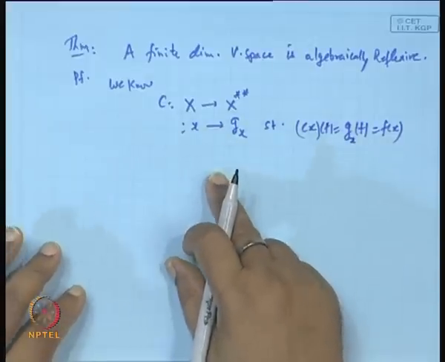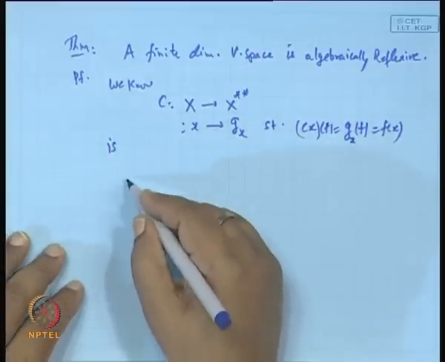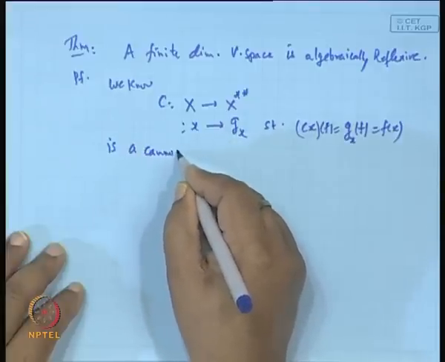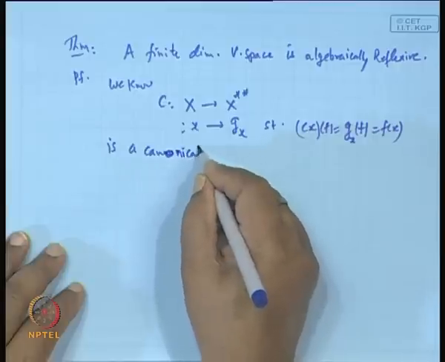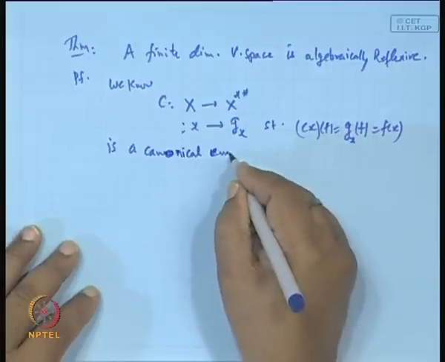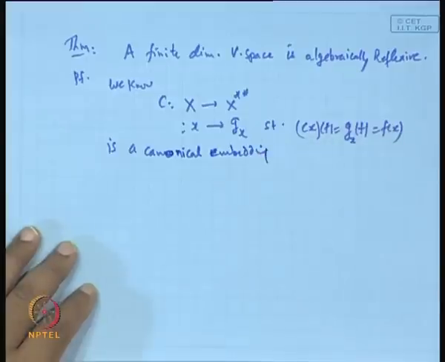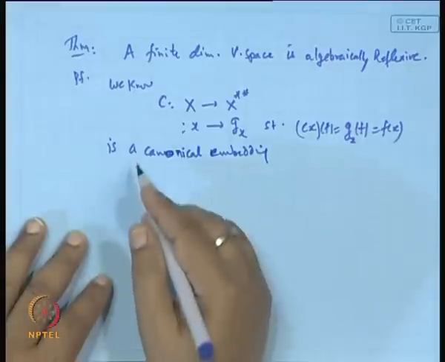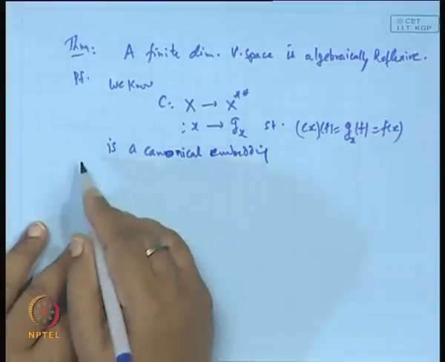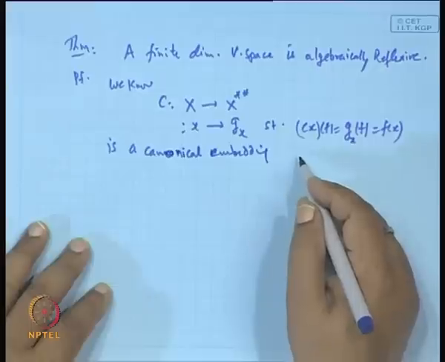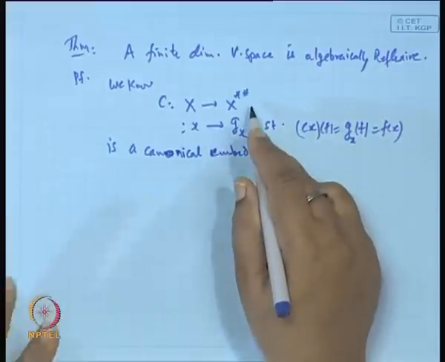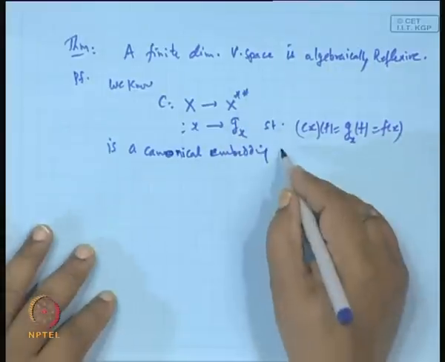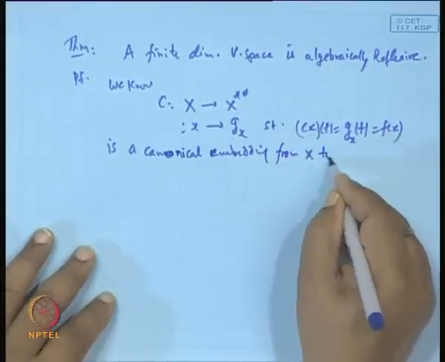It is a canonical embedding, this we know, is it not? So, if we take C x0 and it is one-one mapping, and R(C) is a subset of X double star, this canonical embedding from X to X double star.